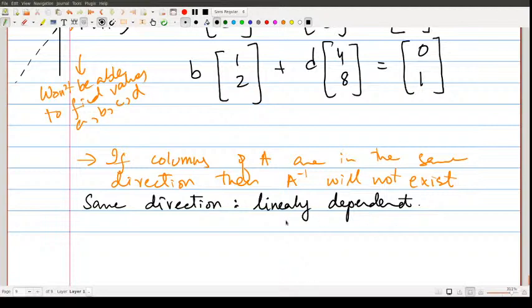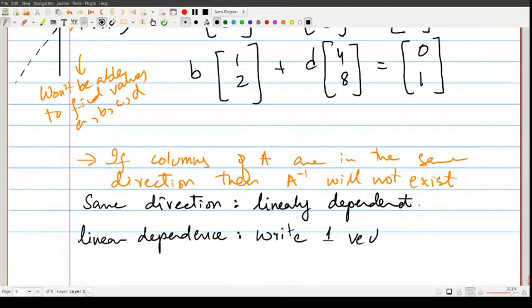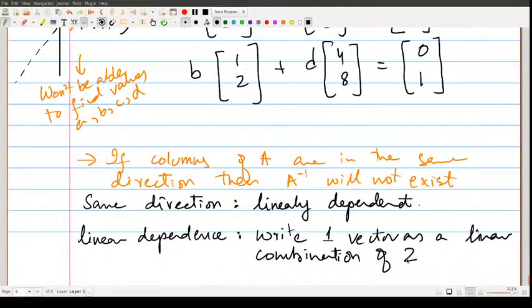Linear dependence means that you can write one vector as a linear combination of the other vectors, right?